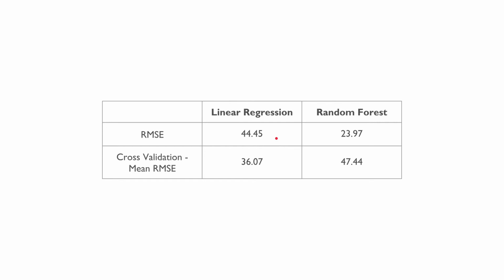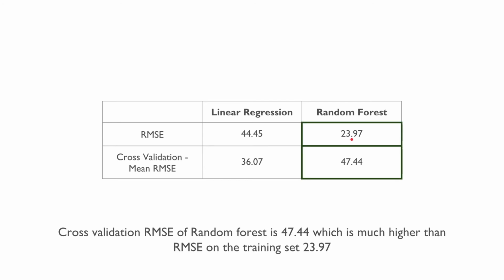We can see RMSE of random forest in the training set is lower than RMSE of linear regression, but its mean RMSE in cross-validation is much higher than on the training set. It means that random forest is overfitting the training set.